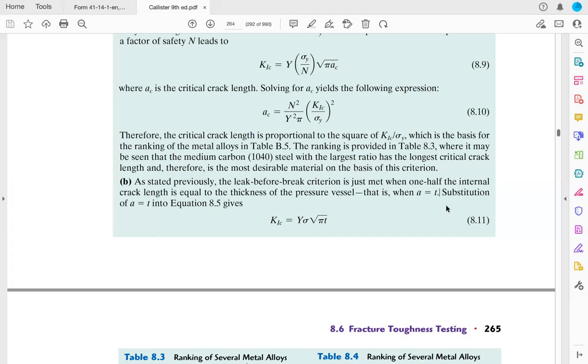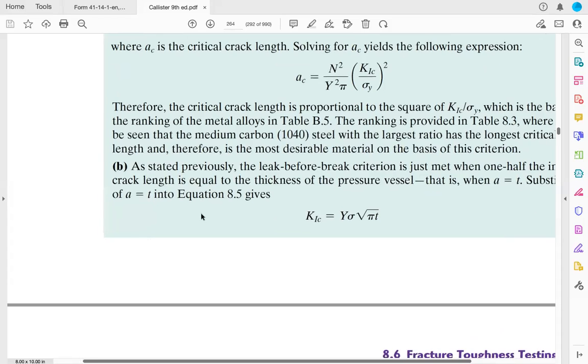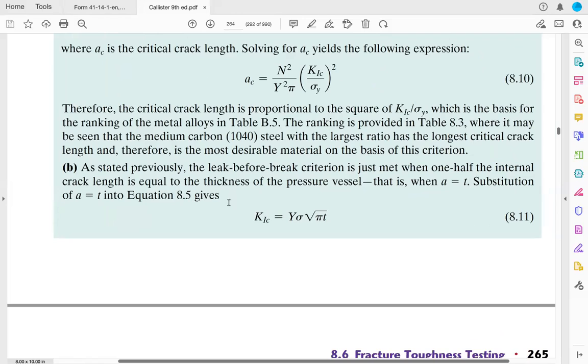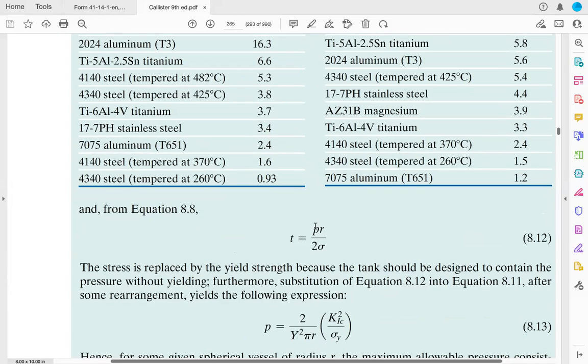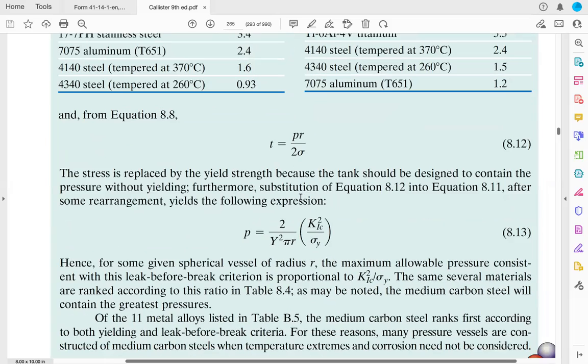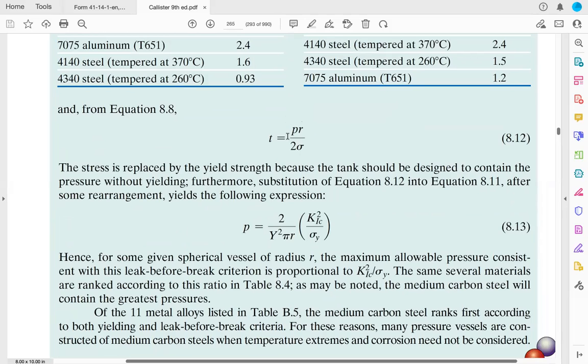If you substitute a equal to t into the equation, it will give equation 8.5: KIC equals Y multiplied by the stress multiplied by the square root of pi t. Then, because the thickness is a function of the pressure, radius and stress, you can substitute that into the pressure.